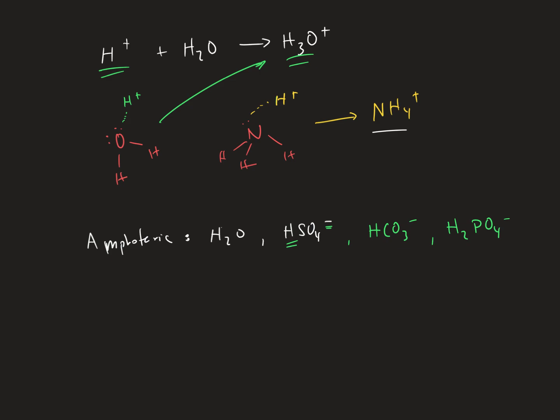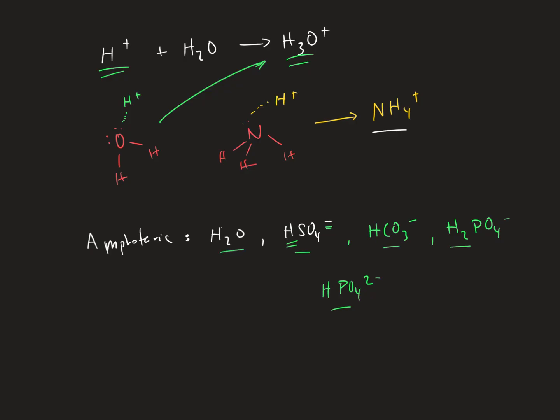What about hydrogen phosphate? Is that amphoteric? Well, HPO4 2 minus? What do you think? Is that amphoteric? No, H2PO4 is. These were just 1, 2, 3, 4 examples that I gave you.